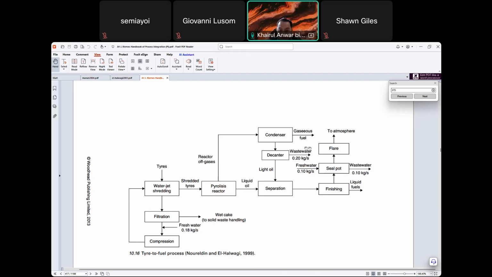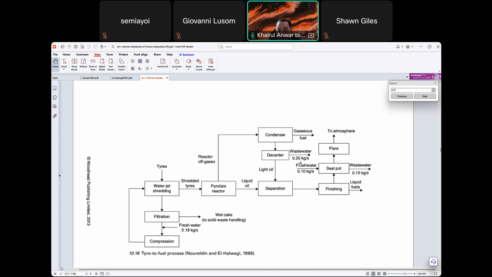Some goes to the wastewater, the water with the oil. The light oil is skimmed and goes to the separation, mixed with the liquid oil, to do the separation and finishing. Not sure what the finishing is, but here you get the liquid fuel.